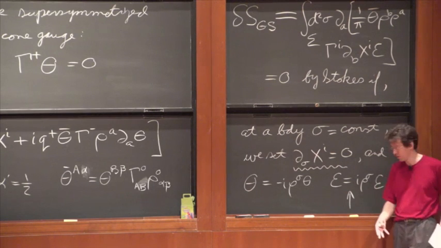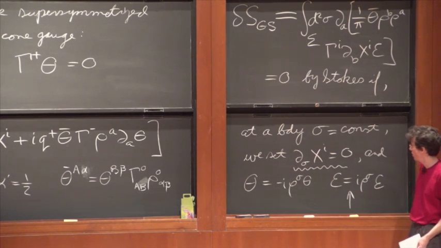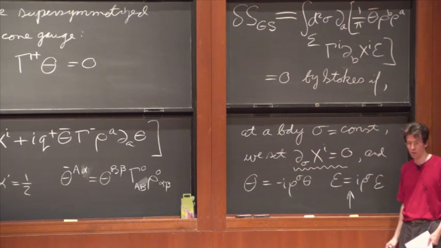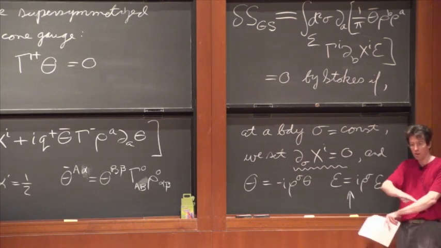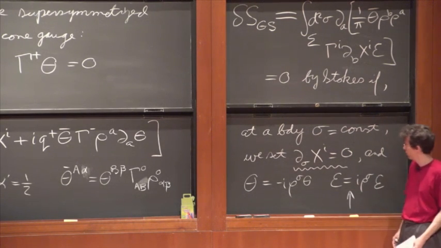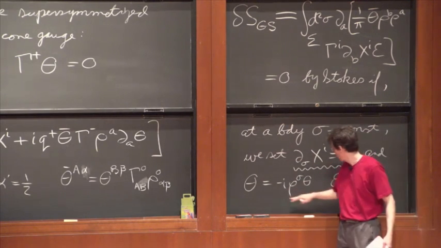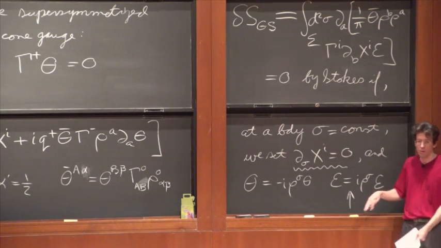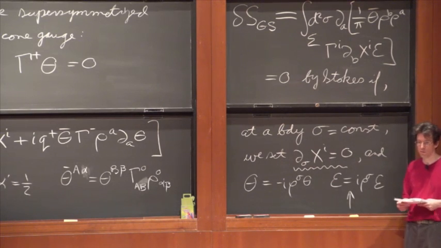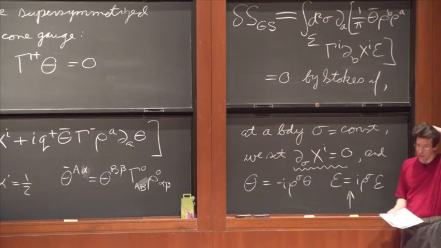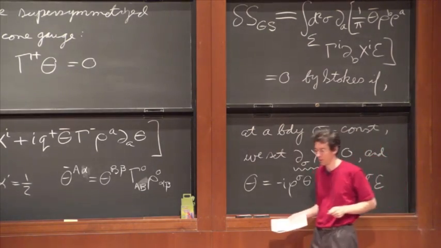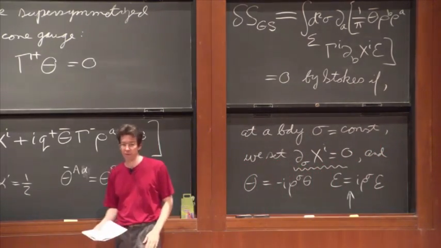This condition, it turns out, is the correct one to impose at the boundary. If you start imposing funny different boundary conditions on theta or worse yet on epsilon, then what you're going to find is that there is no space-time supersymmetry left. And so I would just say that's an incorrect choice of boundary conditions to describe a supersymmetric theory.